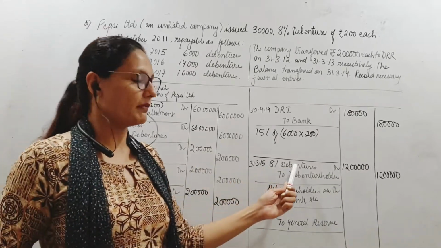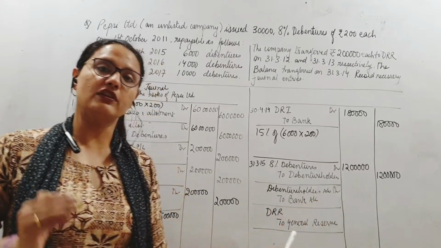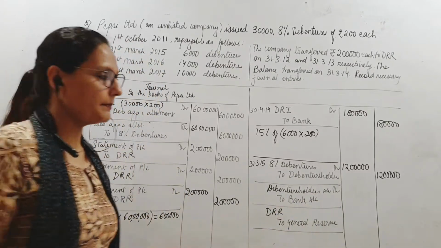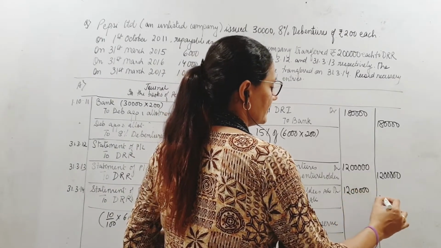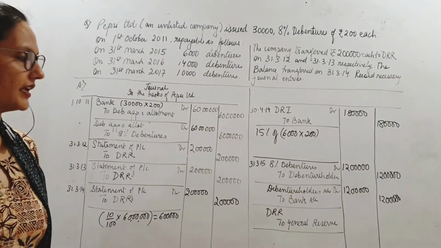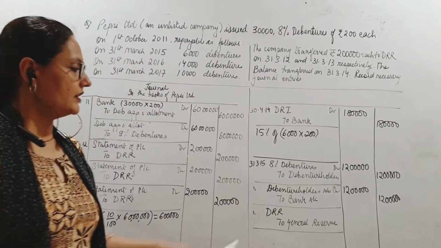This is making the amount due to the debentures. Debentures close. Amount transfer to debenture holders personal account. Debenture holders to bank. I am paying off the entire 12 lakhs. So 12 lakhs here. 12 lakhs gone out of the bank account. Okay? All of this is happening on the same date, redemption date.